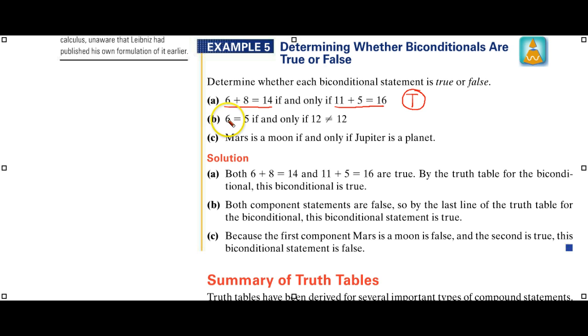Now, as we look at this, this is not true, so this is false. This is not true either. They equal each other, so this is false. So again, looking at the table, two false, we said, make it true.